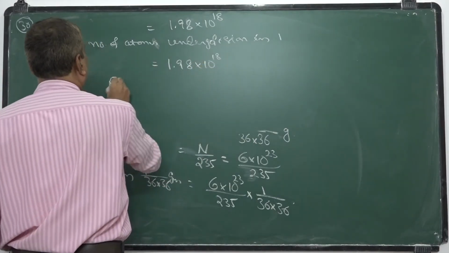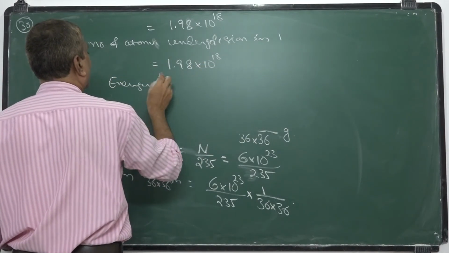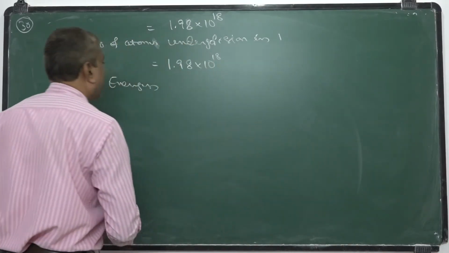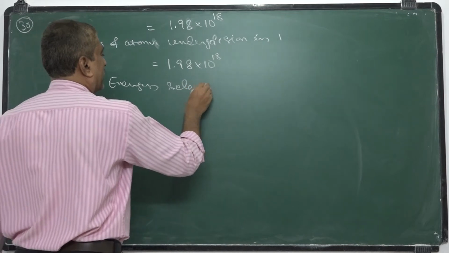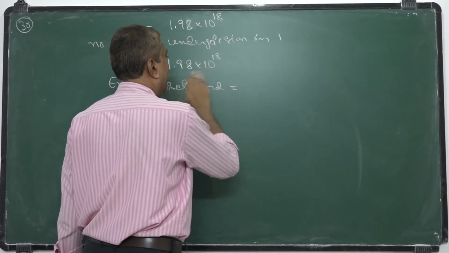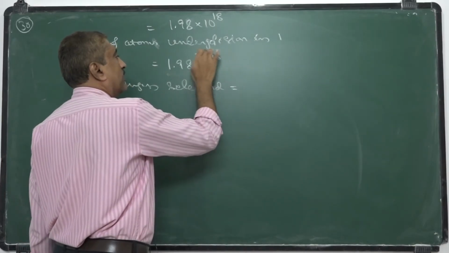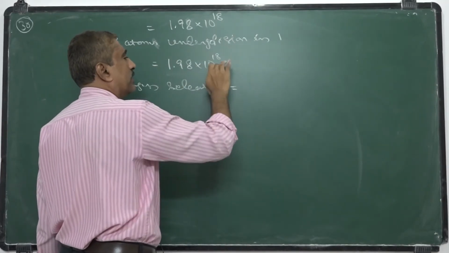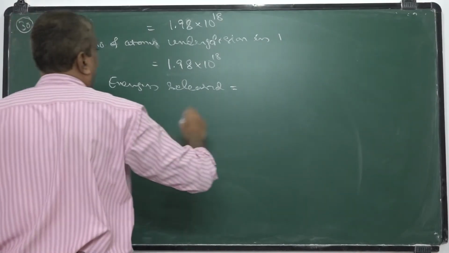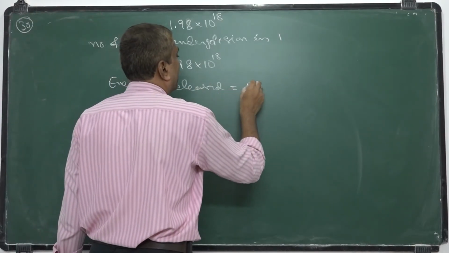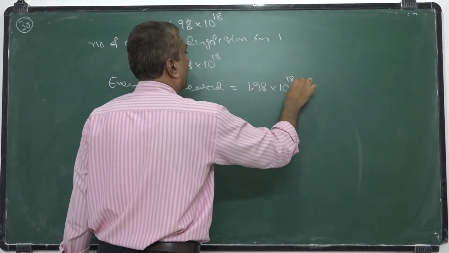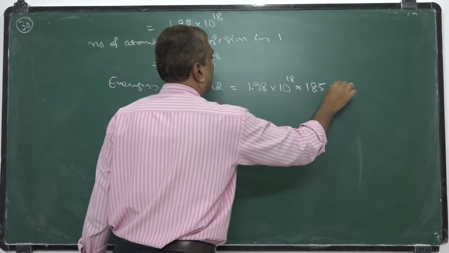So energy released per second is equal to, so this many number of atoms undergo fission, and in each fission there is a release of how much? 185 million electron volt. So energy released per second is 1.98 into 10 to the power 18 into 185 million electron volt.